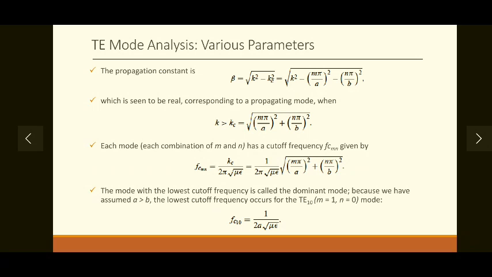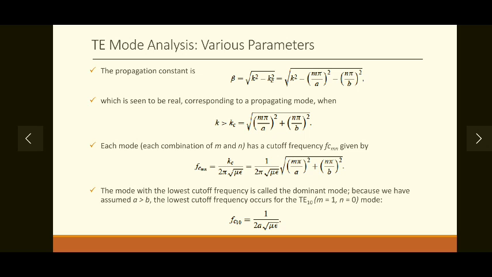So the difference of the squares of those, taken under a square root, gives you the propagation constant. We know that kc is the square root of kx square plus ky square, so that is substituted in this and you can calculate the propagation constant. Kc is the cutoff wave number, which is always less than k, so it is given by this formula.